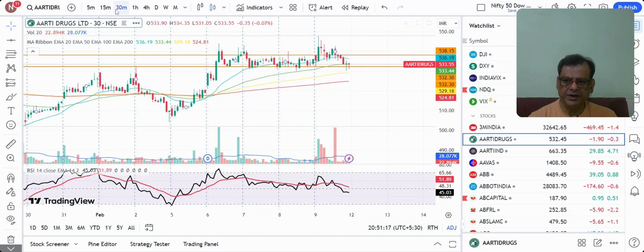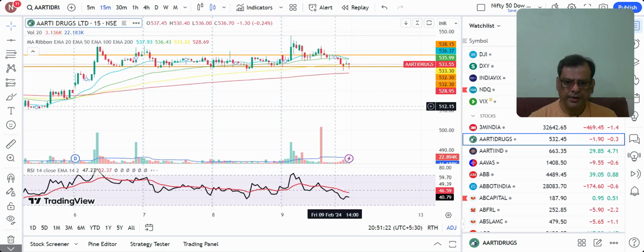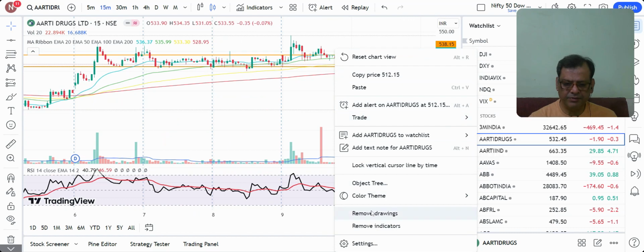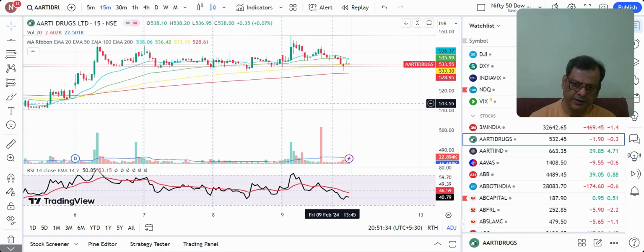Now, why 30 minutes? Some will say, why should we not take a 5-minute breakout? Basically, what happens in the first 30 minutes is the market starts off being very choppy because you have pre-market orders and after-market orders that are going to be executed. So we don't know where the price will go.